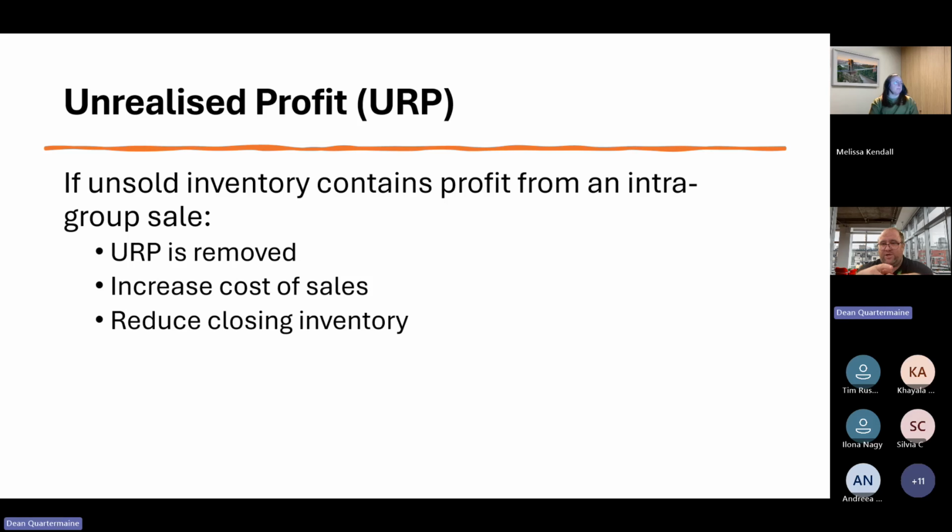I'm just looking at the chat again. When we add the parent and subsidiary company's income, do we add the subsidiary company income of 60% if the parent company owns 60%? No, you add it line for line as if the whole thing.